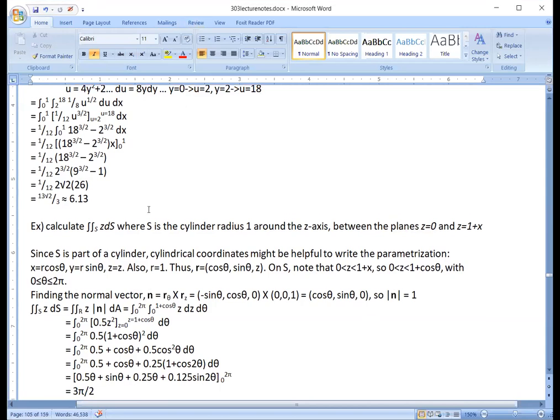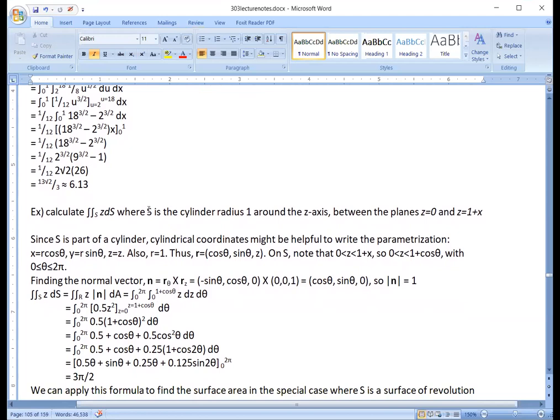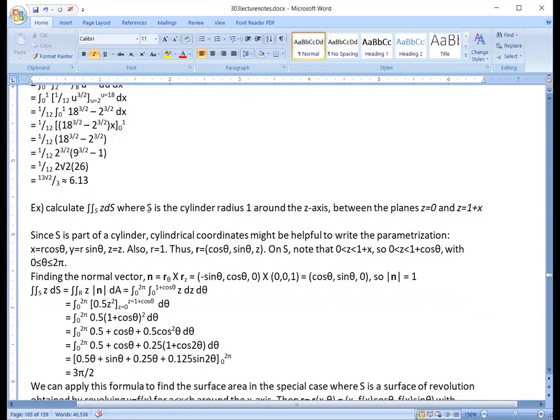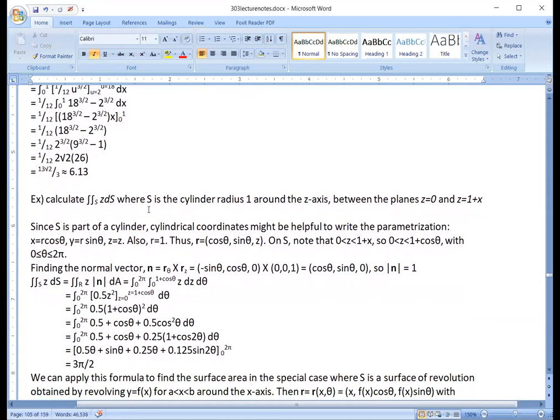Okay. So next, we're going to look at another special case. What about the special case where, as we talked about before, the surface S is a surface of revolution? In this case, we're going to take y equals f of x, assume x goes from a to b, and revolve it around the x-axis.